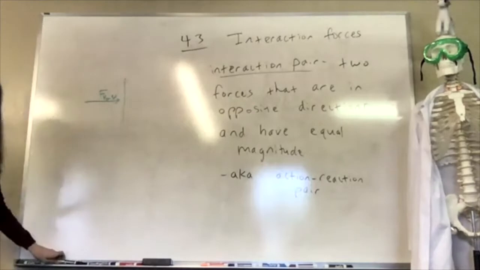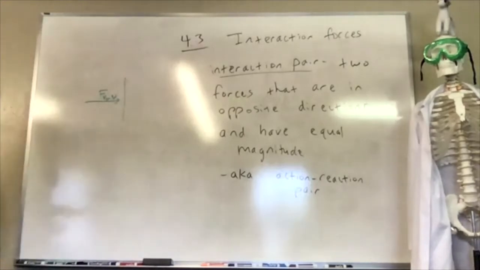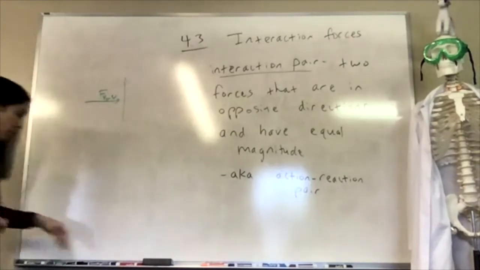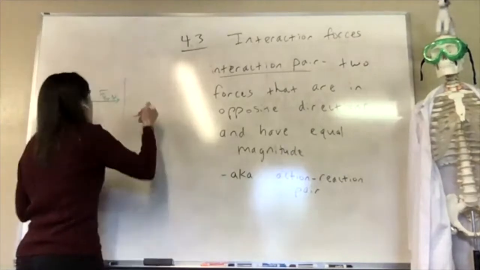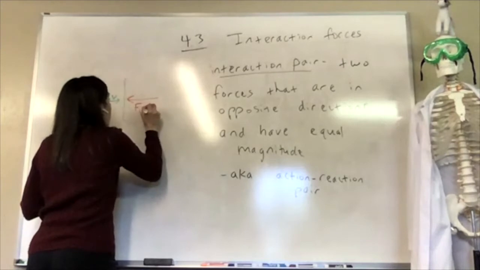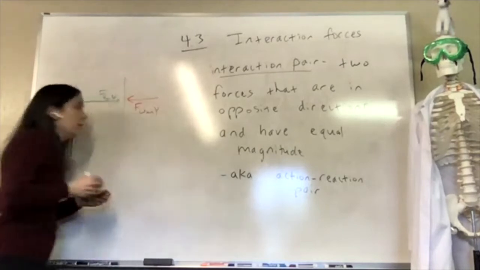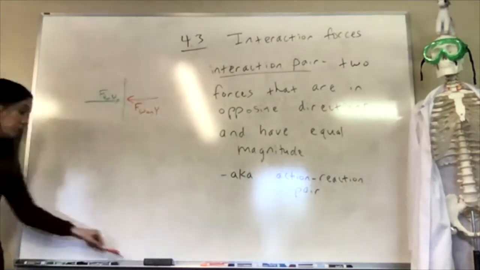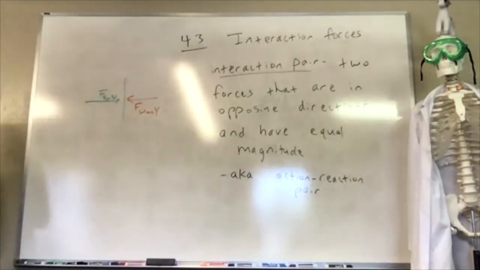But if you don't go anywhere, there must be an equal opposite force going back on you to keep you in place. And that's the force that the wall exerts on you, which is the force of the wall on you. And we know they're equal and opposite because you're not moving.